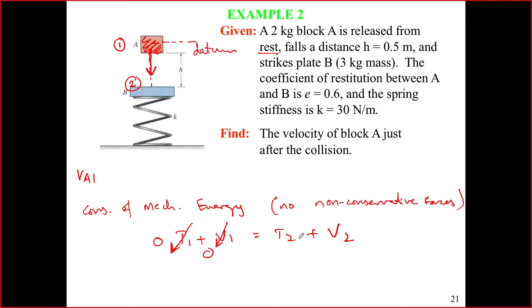So on the fall, its final velocity VA squared is going to be equal to, but just minus mg h, or h is 0.5, is equal to 0. So I can find then कि उसकी velocity क्या थी before impact.